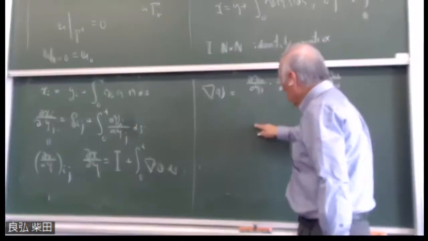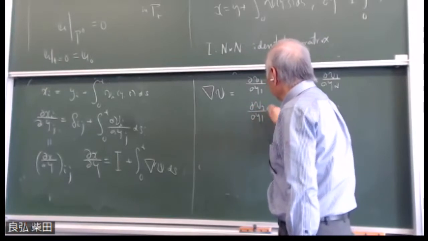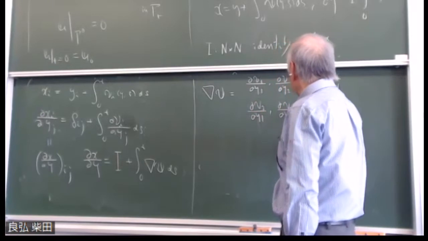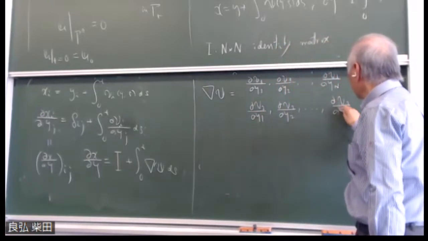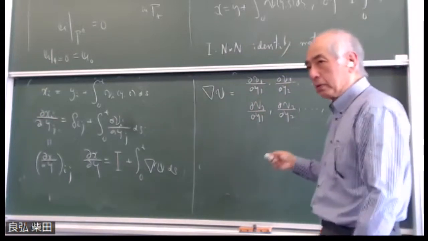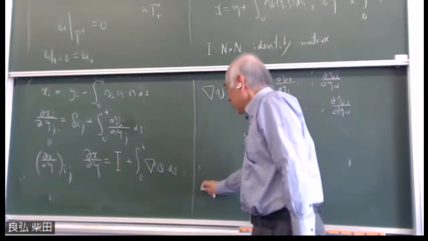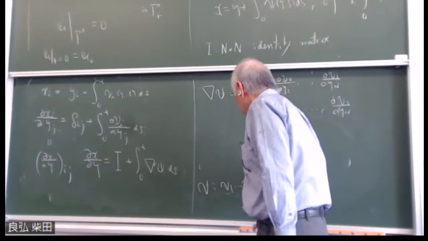And then the components are the partial derivatives of b2 with respect to y1, y2, and so on. This is maybe a rule to represent the gradient of v. Yeah, because v is b1 through bn transposed.